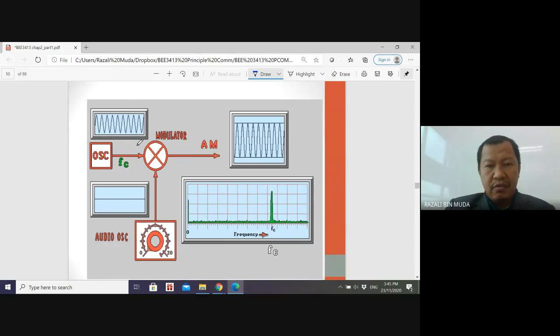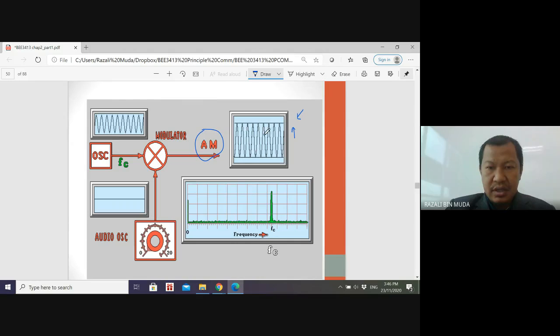Okay, so this is the block diagram for modulation, where this is the input, the modulating signal, and this is the high frequency carrier. So the output is the AM modulated signal. This AM signal is shown using an oscilloscope.